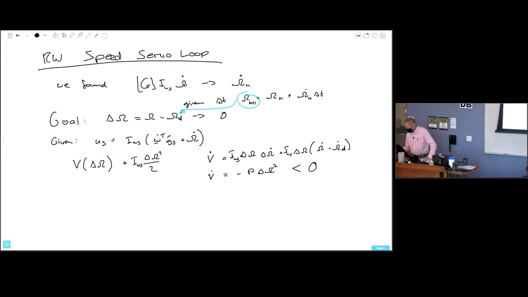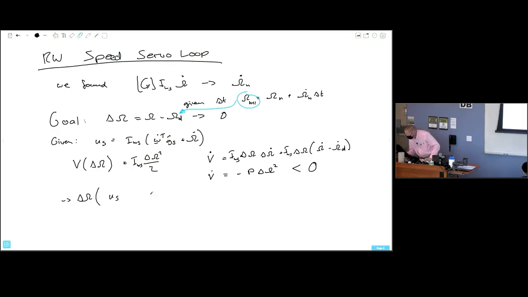So good. So we have del omega here, del omega here. These V dots have to be equal, and you can separate them out. So this leads to delta omega times, let's see, here I have to plug in the equations for the system. So the inertia times wheel speed is equal to us minus this term.